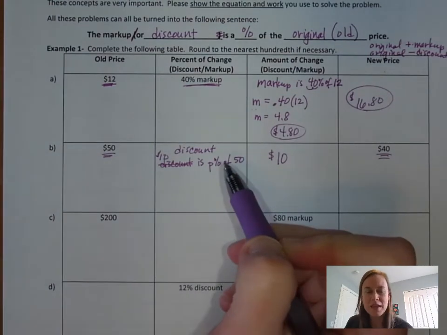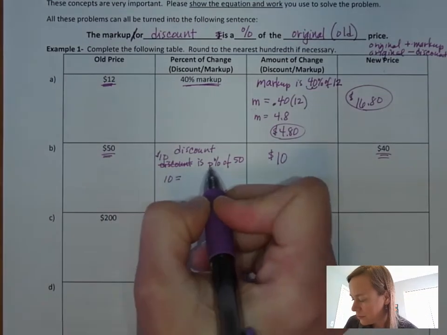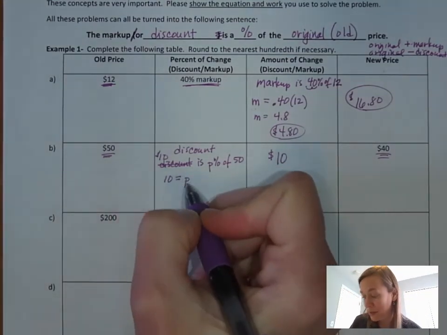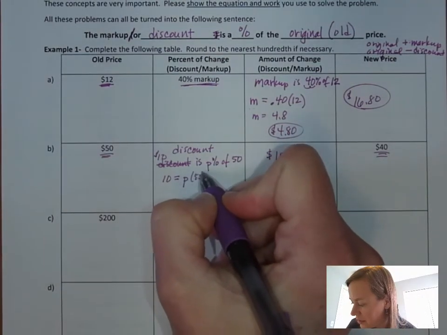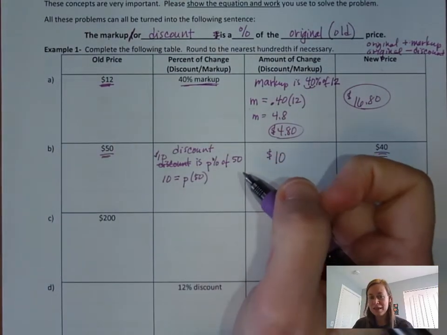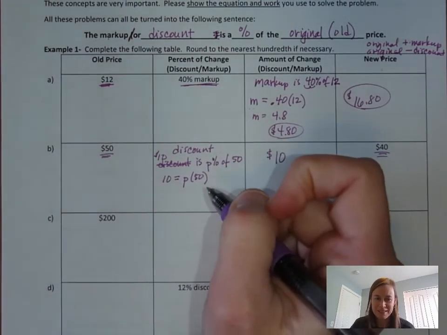Now we can take this and make it into the equation. So 10 is P%. I'll just put a P though, okay? Of 50. So P times 50. Or if you want to write 50P, you can absolutely do that. That's a little bit more standard. I just stuck with the same order as the sentence.